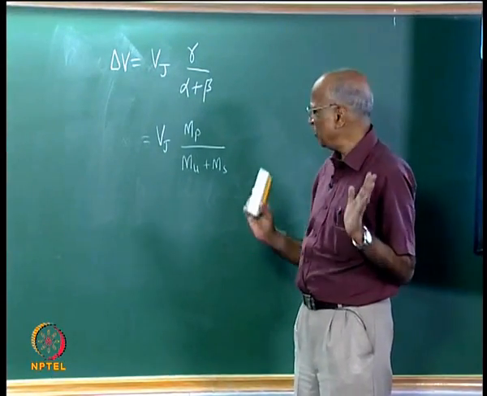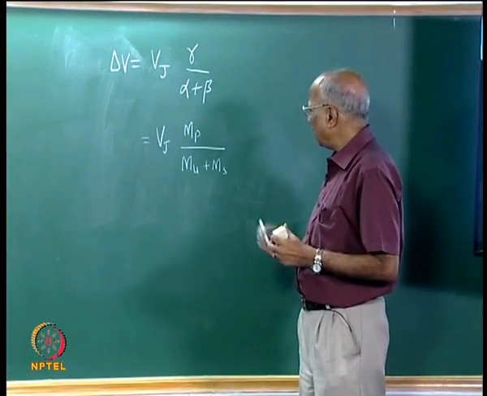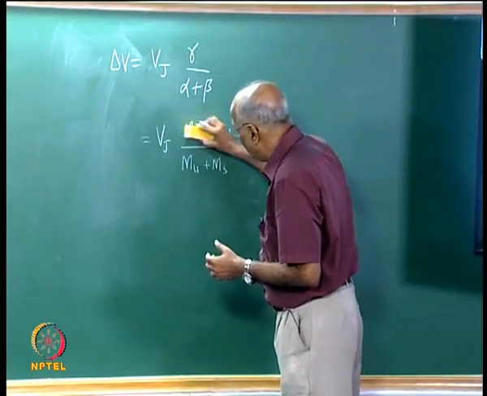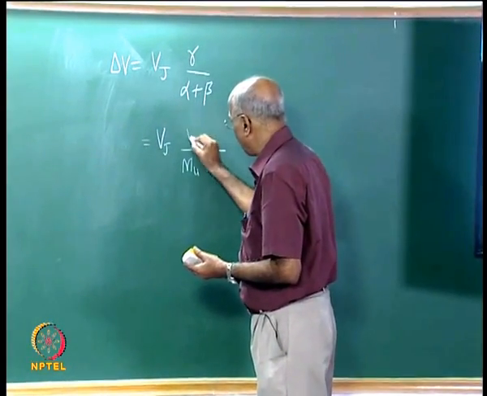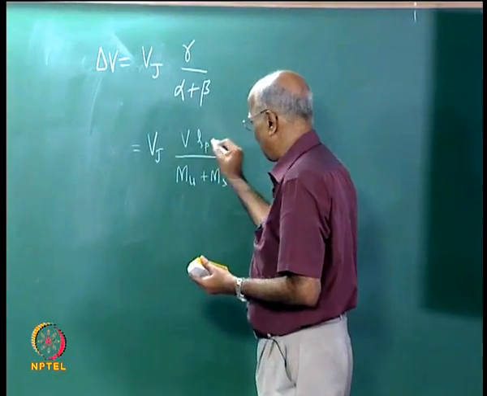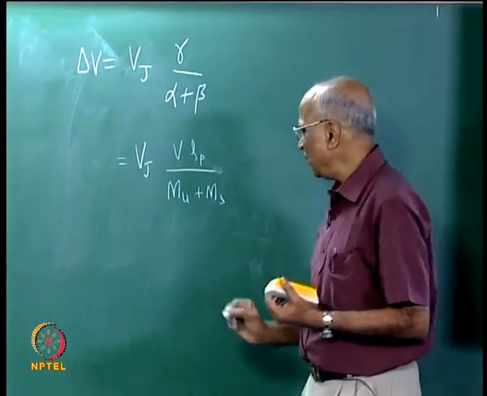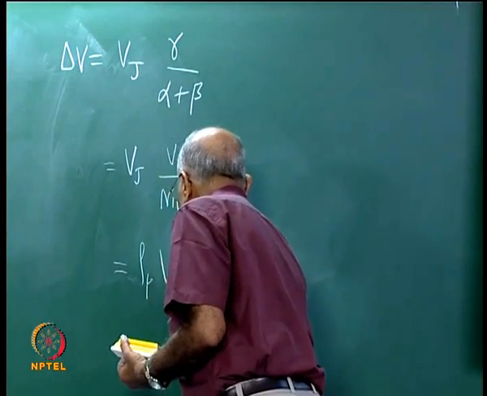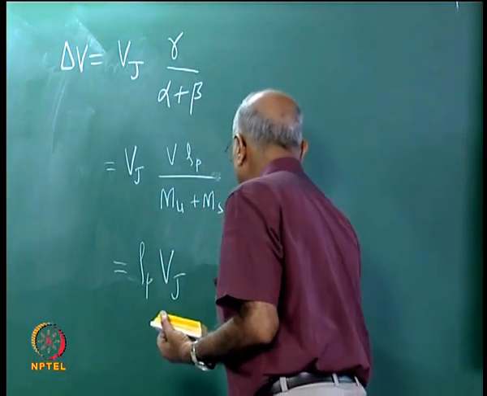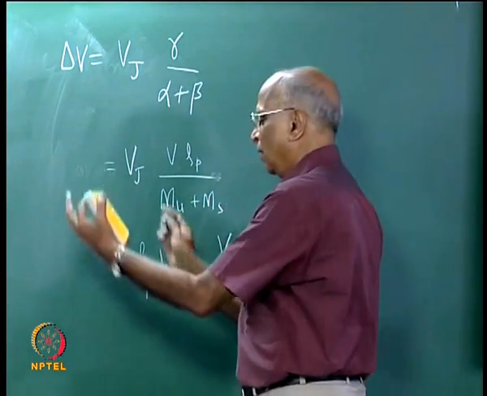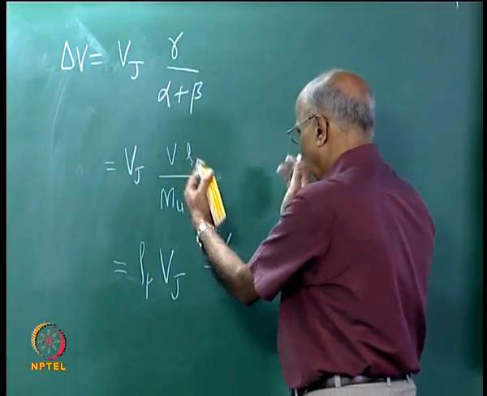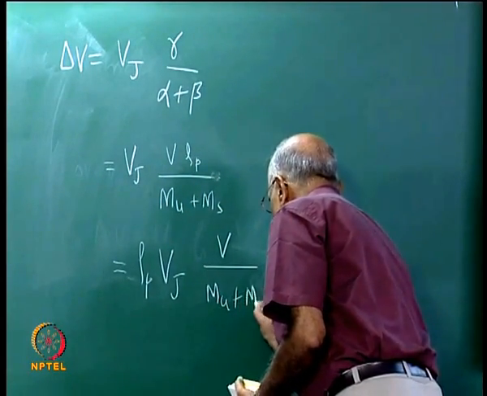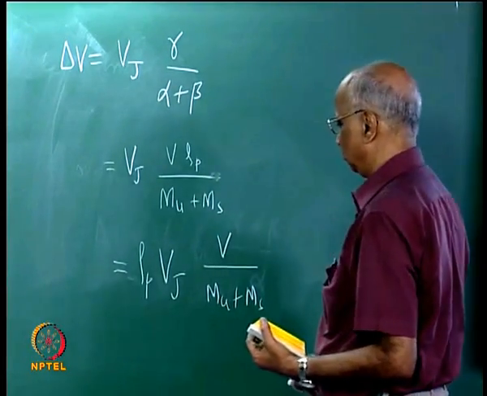Okay? We are just playing with numbers. And what is the mass of the propellant? Mass of the propellant is equal to the volume of the propellant into density of the propellant, and therefore, this becomes equal to density of the propellant into jet velocity into the volume which the propellant occupies, divided by mu plus ms over here.